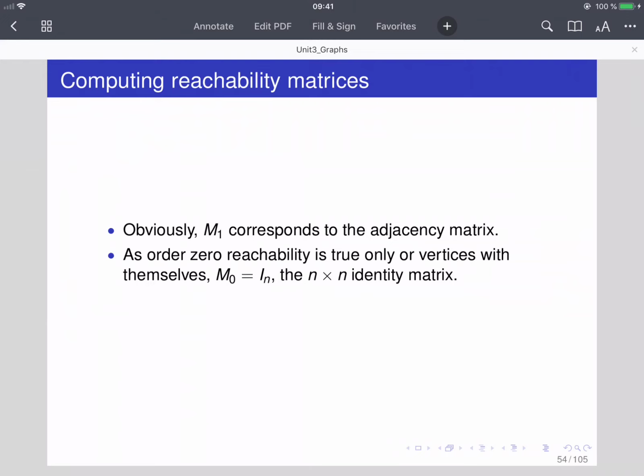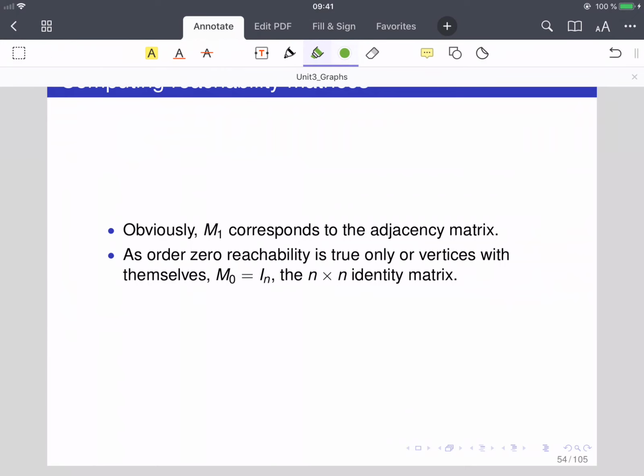Okay? Because notice that when we talk about the adjacency matrix, we have exactly M1, the one reachability matrix, because the adjacency matrix has a 1 whenever there is an edge between vertex i and vertex j.